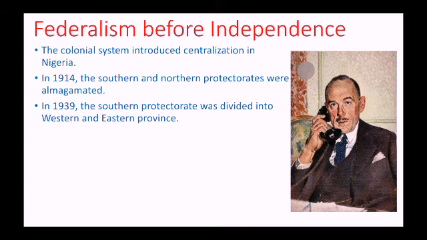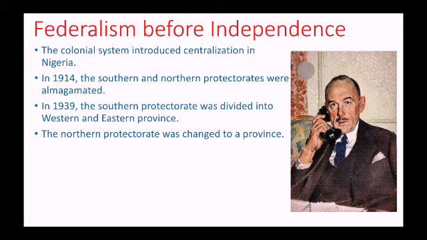Also, by 1939, the southern protectorate was divided into both western and eastern province. So we are having the western province and the eastern province. The southern was broken into two. And the northern protectorate was changed to a province. So consequently, we are now having three provinces.